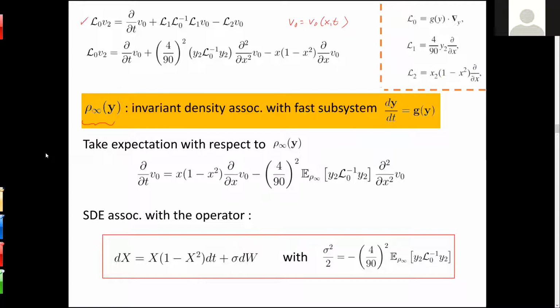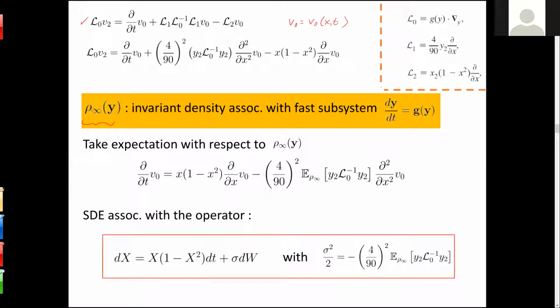What is invariant density? I will explain this in the most layman manner. If you run the model for a very long time and look at the ensembles at one time, at some point the density does not change anymore after that time. That's why it's invariant. And that is the invariant density of the fast system. It is shown that the Lorenz attractor has an invariant density.